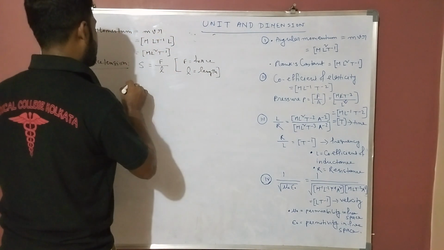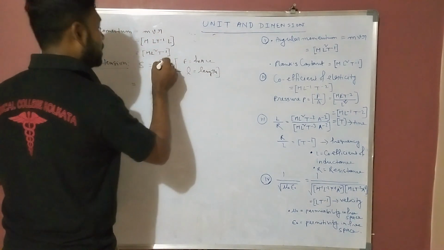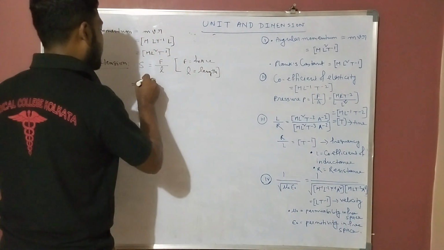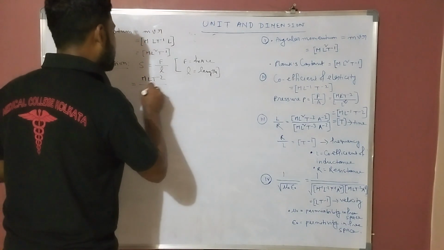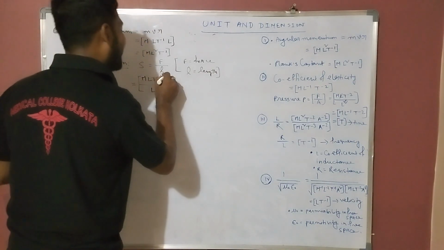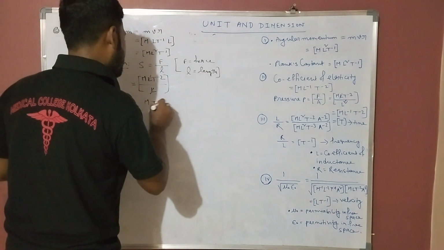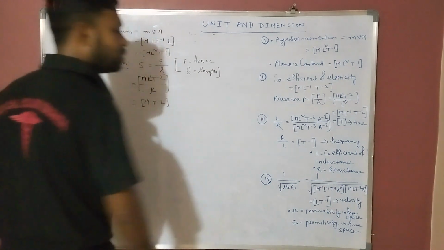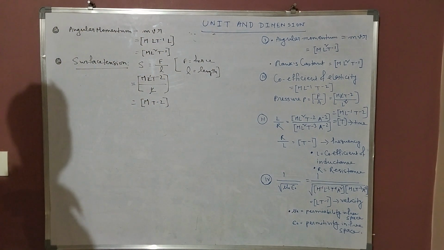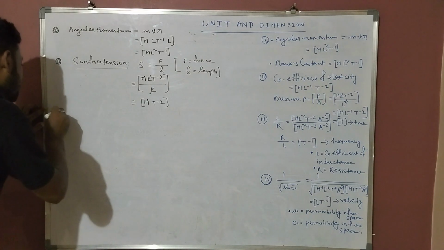So the dimension of surface tension is the dimension of force, m L t to the power minus 2, divided by the dimension of length L, which gives m t to the power minus 2. Understood?